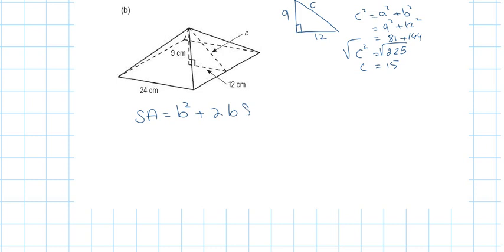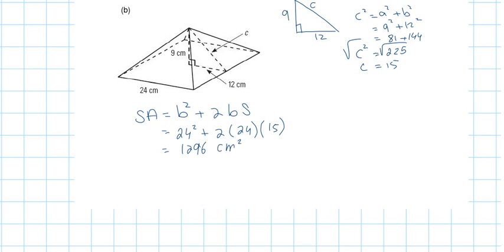Plug in the known sides, so 24 squared plus 2 times 24 times 15, which is going to give me 1,296 centimeter squared.